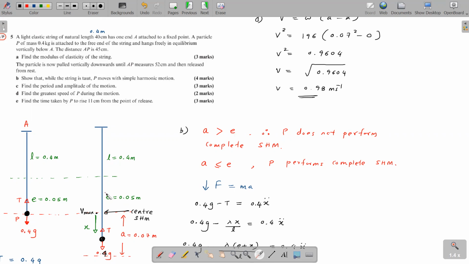You are in the range where the string is taut, because above the center the string is taut for 5 centimeters. We are going only 4 centimeters, which means you can apply all the SHM rules.